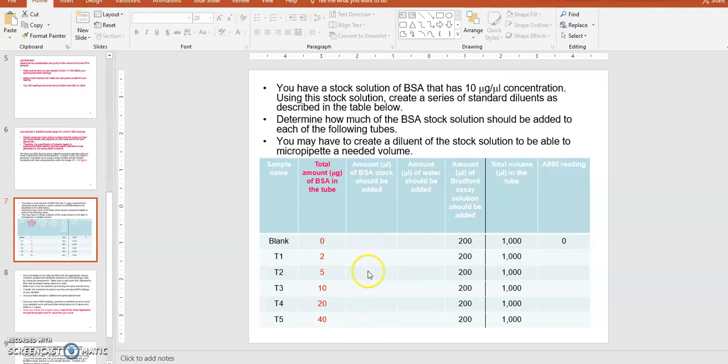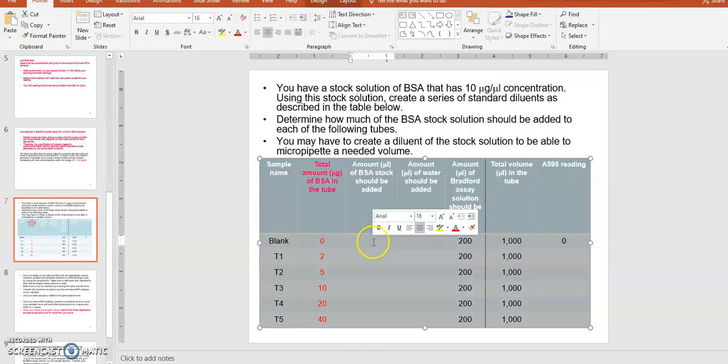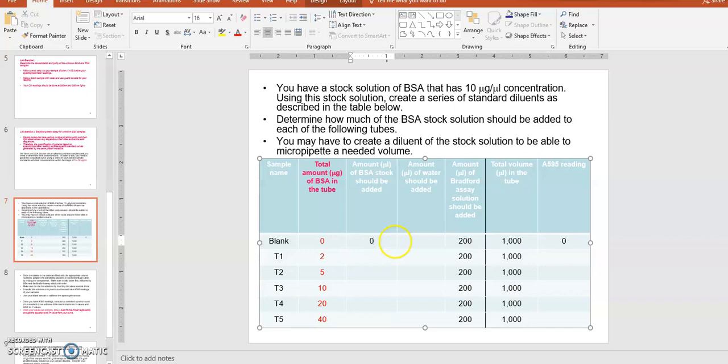The first one, of course, you will not add any BSA, so it's going to be 0 because it's just water only. How about this tube, which will have 2 micrograms of BSA only? Your stock has a 10 micrograms per microliter concentration. So 1 microliter of that will give you 10 micrograms. So 0.2 microliter will give you 2 micrograms, right?